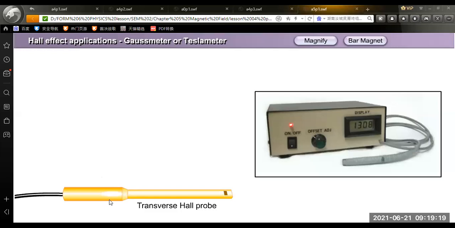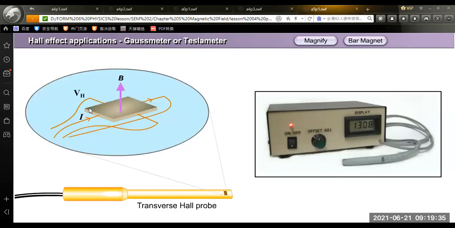Now the Hall effect application: Gauss meter or Tesla meter. That means we have a probe. This is the probe, used to measure. Magnified, the structure of the sensor here is actually a conductor which has an electric and magnetic field applied, and when current flows through, it produces the Hall voltage.